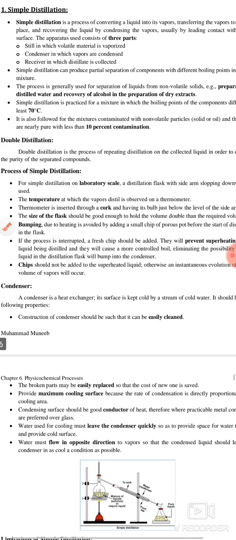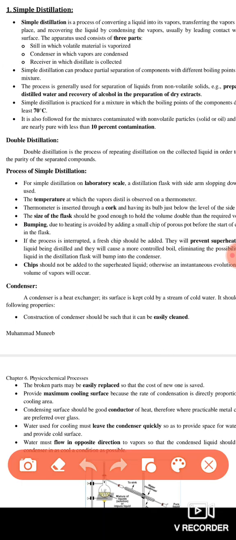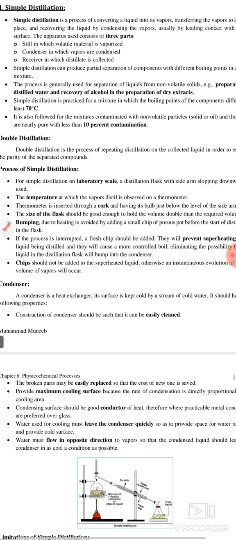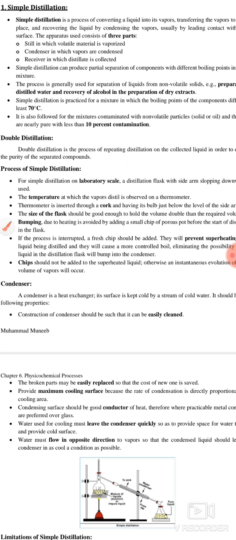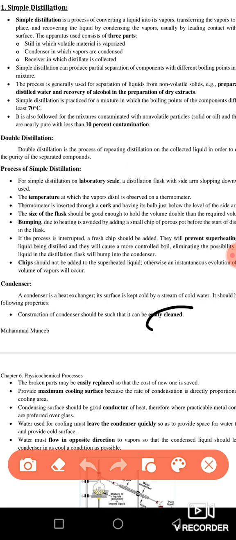So what is a condenser? The definition is written here: it is a heat exchanger which keeps your distillate cold by a stream of cold water. What are the properties of this condenser? It should be easy to clean. It should be easily replaceable in case of breakdown. It should give the maximum cooling surface, and it should be a good conductor.